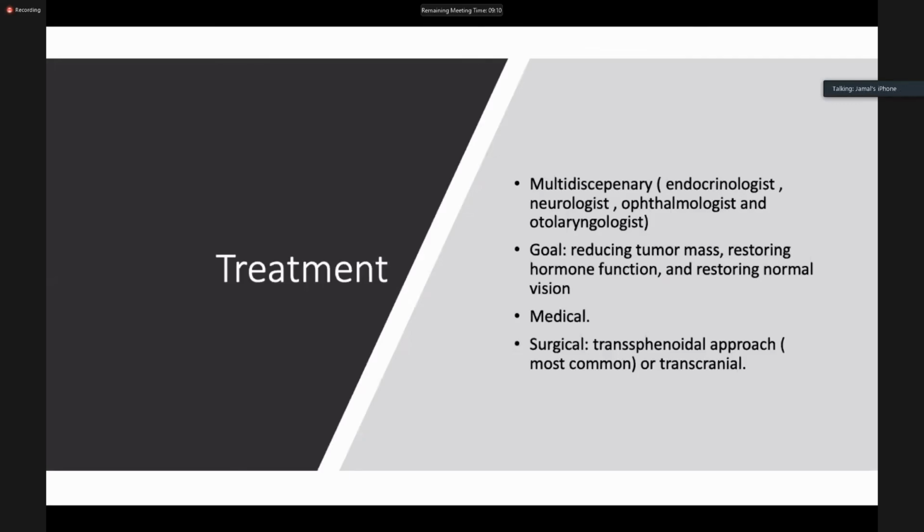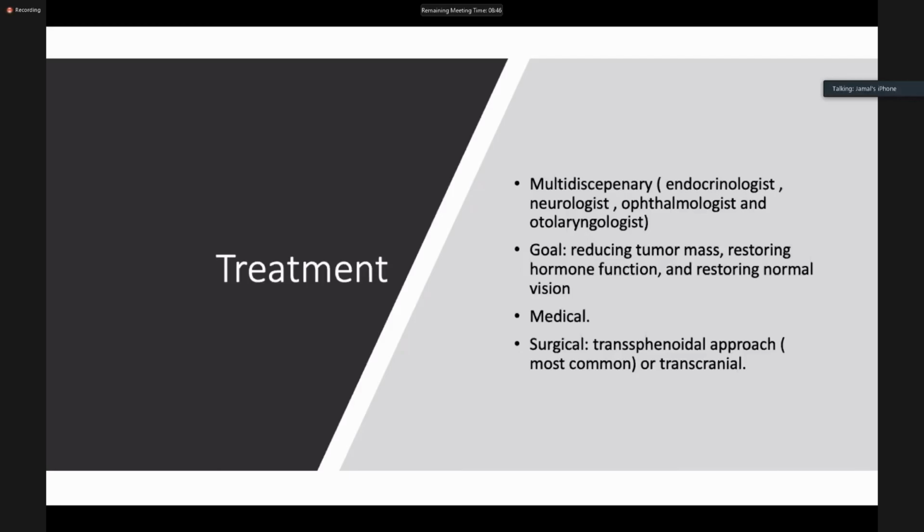Some extensive tumors, the endocrinologists sometimes treat them medically, and they regress and relieve the symptoms, especially if the patient is not fit for surgery.